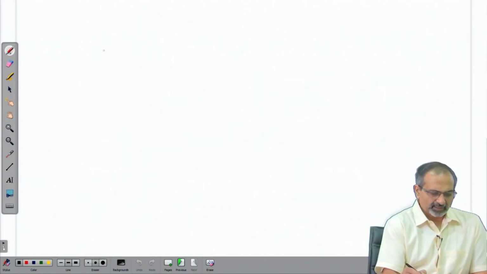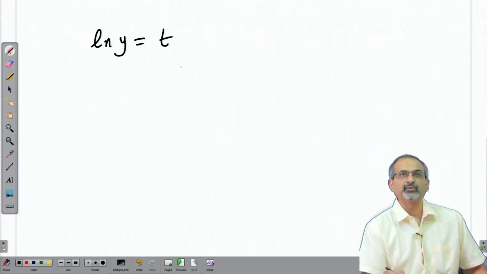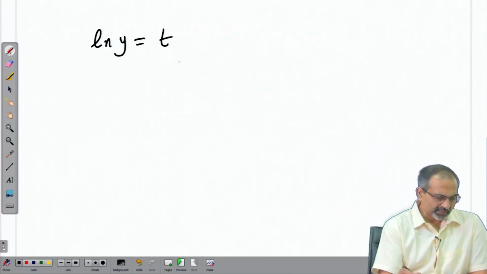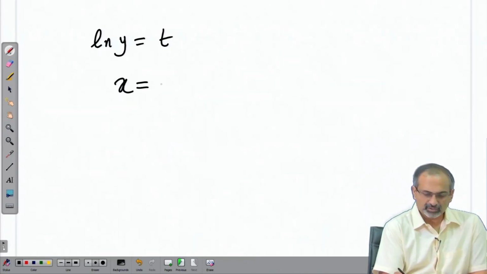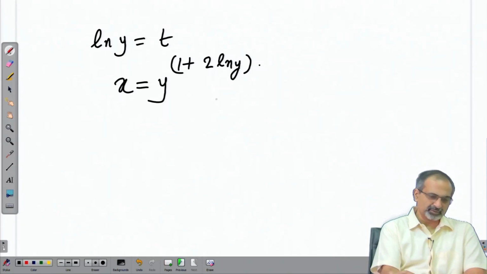You can figure out that natural log y is equal to t, from the second equation, the y equation, if you just take a log of that equation. Making use of that, you can very easily show that x is equal to y to the power of (1 plus 2 log y). That is what the outcome would be.